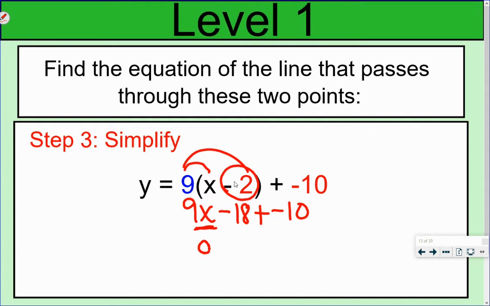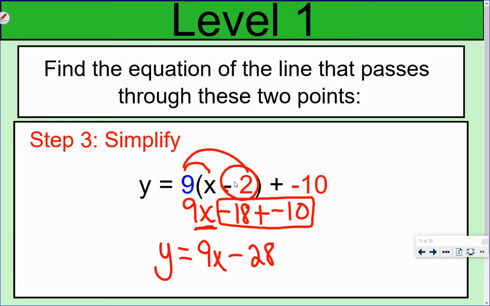So it's just going to be 9x. And then I've got to figure out, well, I guess I shouldn't have put a minus there. I've got to combine like terms. So when I combine these together, because they're both constants, neither one of them has a variable, it's going to be -18 plus a -10, which gives me -28. So my equation would be y equals 9x minus 28.